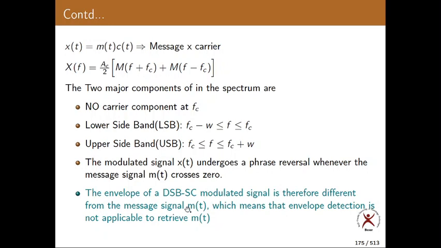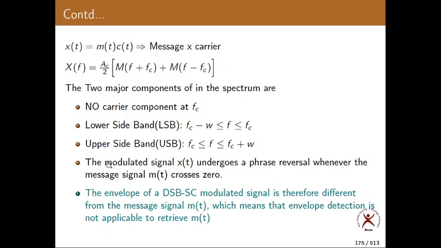In DSB-SC the envelope does not follow the message signal, so we cannot use an ED. In AM, as I told you many times, the envelope follows the message signal, that's why we used an ED. Here the envelope is different from the message signal, so to recover the message signal we don't use an envelope detector.